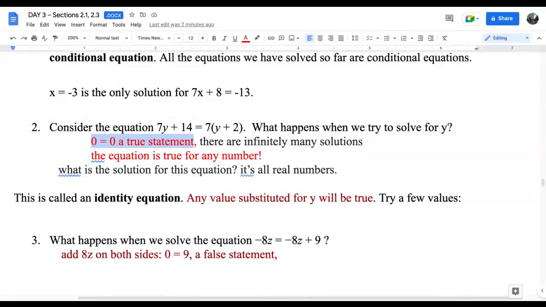So what kind of equation is this? This equation has infinitely many solutions, all right? Because both sides are the same. So the first one has only a unique solution. The second situation will have infinitely many solutions.